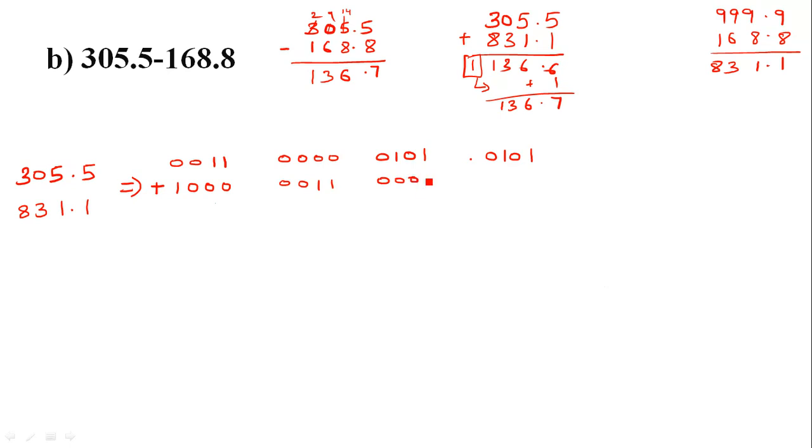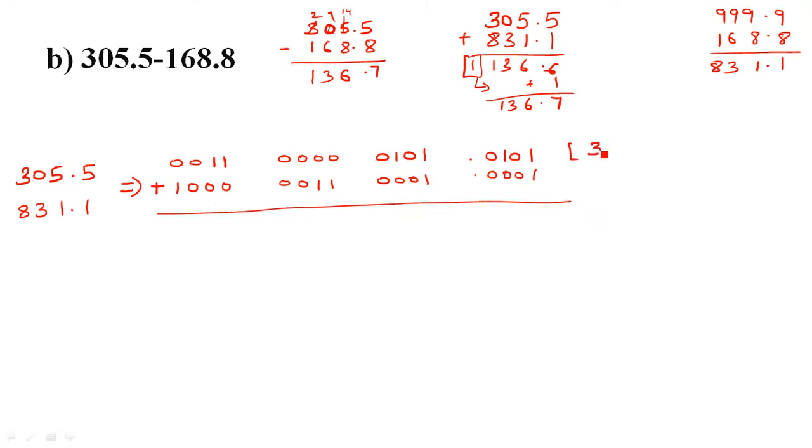Then 0001. And then we are going to add this. This is 305.5 in BCD, and this is the 9's complement of 168.8 in BCD.